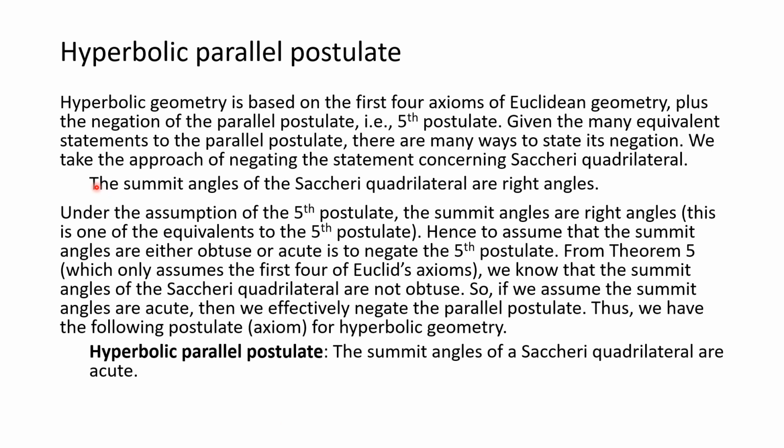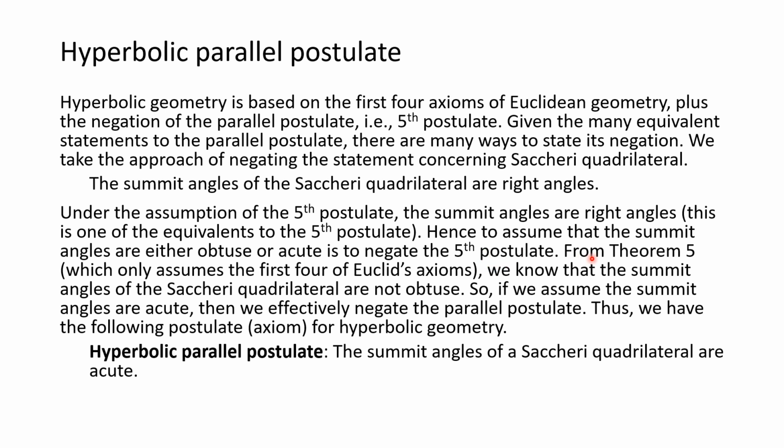Let me point to it. The summit angles of the Saccheri quadrilateral are right angles. Under the assumption of the fifth postulate, the summit angles are right angles. In other words, what I just stated up here. Hence, to assume that the summit angles are either obtuse or acute is to negate the fifth postulate.